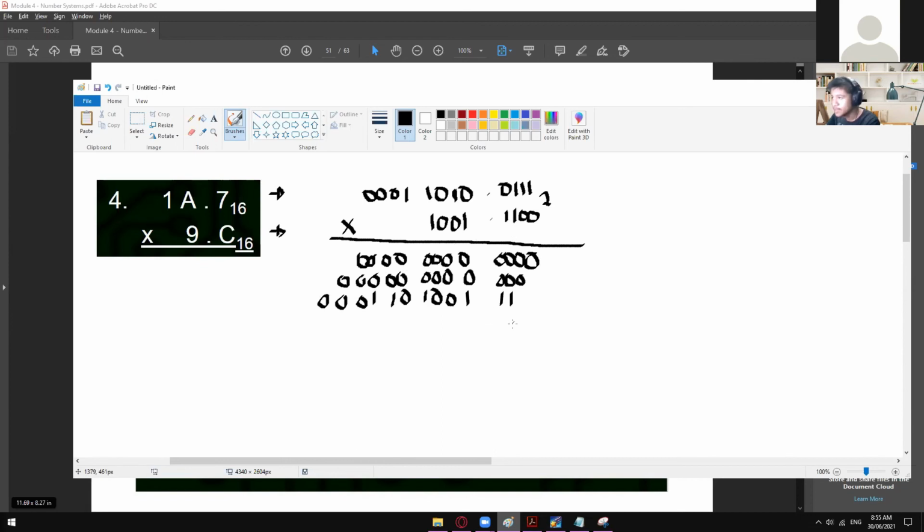And then another 1. So medyo mahaba-haba, so tiis-tiis lang. 1, 1, 1, 0. And stay focused. Kasi pag nawala kayo, pag may isang mali, mali na lahat. And then 1, 0, 0, 0.